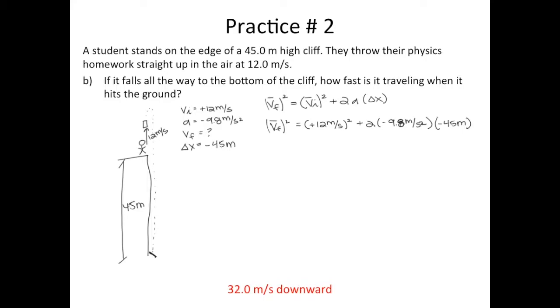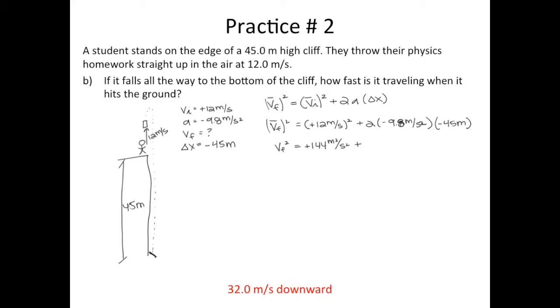So now let's do a little algebra. We still have v final squared equals 12 squared. It will be a positive 144 meters squared over second squared. Plus, if we put everything over here to the right, 2 times a negative 9.8 times a negative 45.